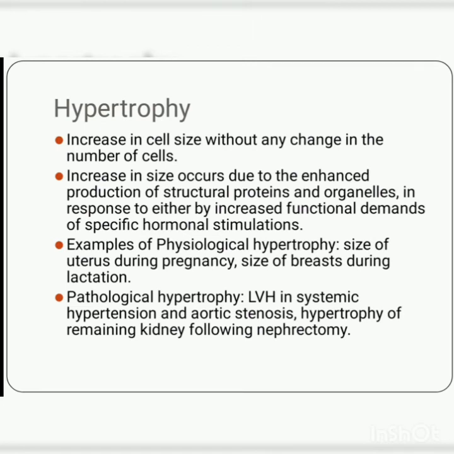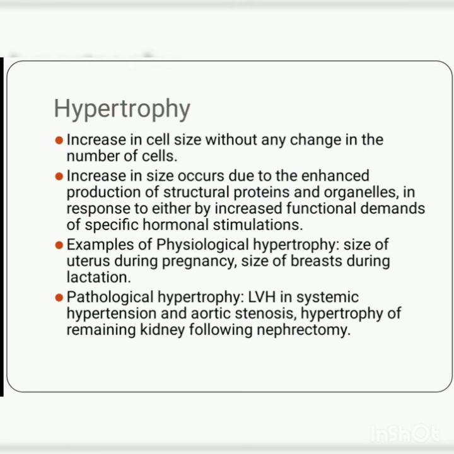So, why does the increase in size occur? It occurs due to the enhanced production of structural proteins and organelles in response to either increased functional demands or hormonal stimulation. Hypertrophy also can be physiological or pathological.